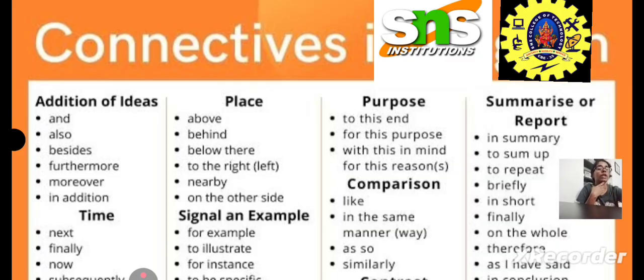One more question: dash they reached the station dash they bought the tickets. First they reached the station, then they bought the tickets. Here it talks about the time and the sequence, what happened first and what happened next.